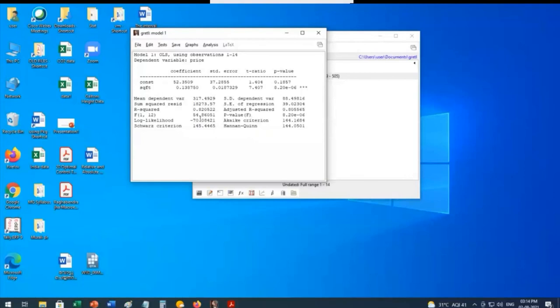Then we have the F test. F test is actually the model significance test. And in the case of a simple regression, the F value is equivalent to the square of the T value. That is square of 7.407 is equal to 54.86.